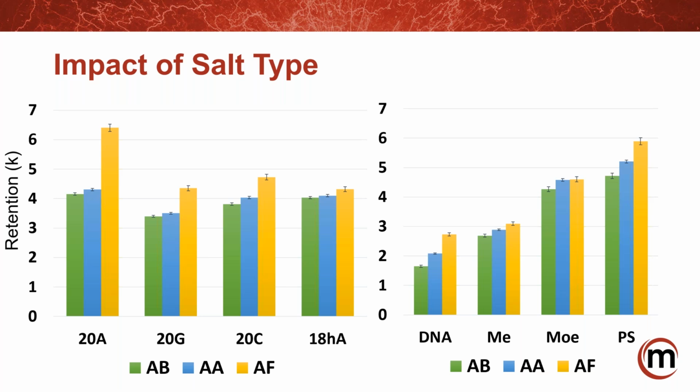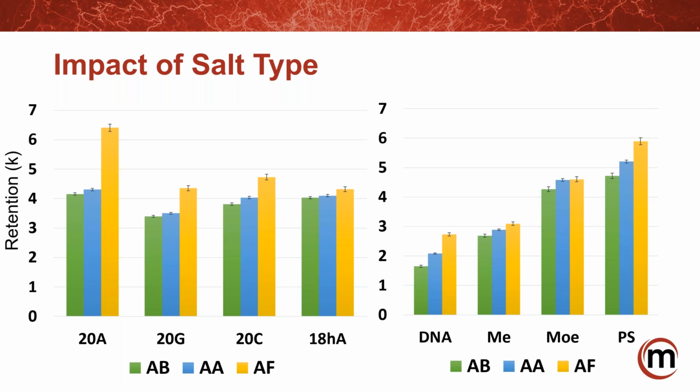The type of salt we chose: for the unmodified on the left, you see ammonium formate is a big additive for retention in some cases, but in other cases, not so much. And then on the right with the modified, you see that ammonium formate does give more retention.